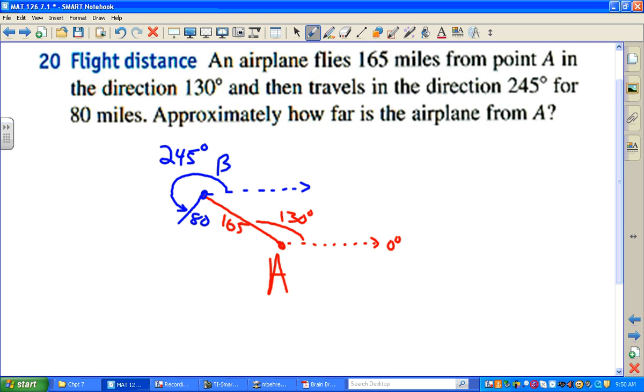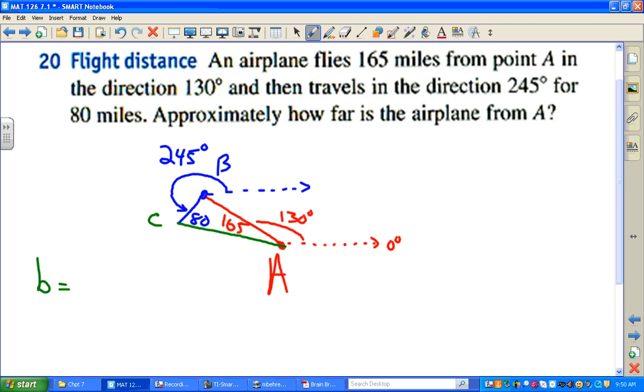Approximately how far is the plane from point A? So this is the length you're looking for. I'll call that C. So you're looking for lowercase b in my picture. B equals, well, this isn't too bad.